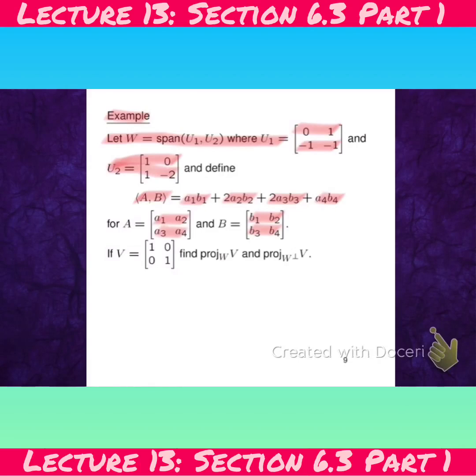Now they ask us, if v is this vector, find the orthogonal projection of v onto the subspace W, and also find the orthogonal projection of v onto the orthogonal complement of W. So now it's just pretty much applying the previous theorem and using the inner product that is given.